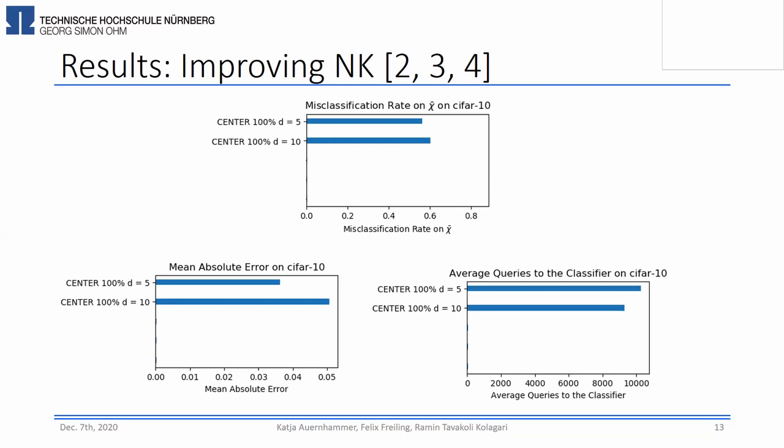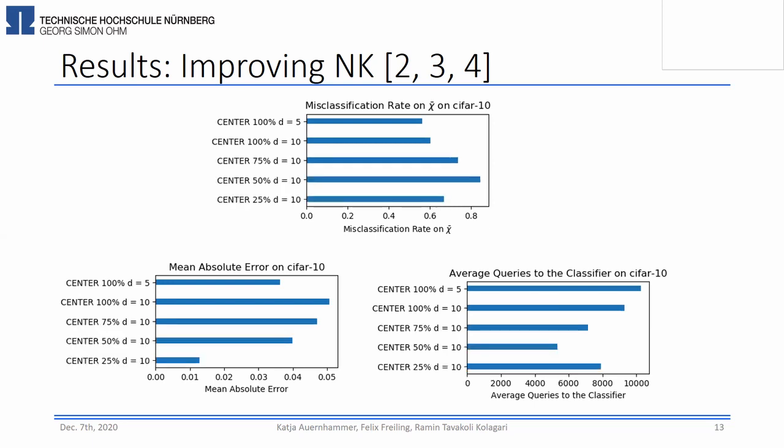Previously, we have seen that masks reduce the mean absolute error, so let's apply some masks. Here we see our center mask, and we see that the mean absolute error in the top left is indeed reduced again.